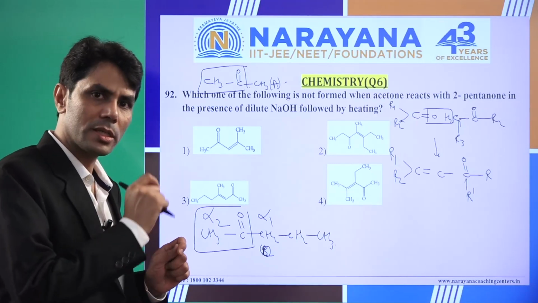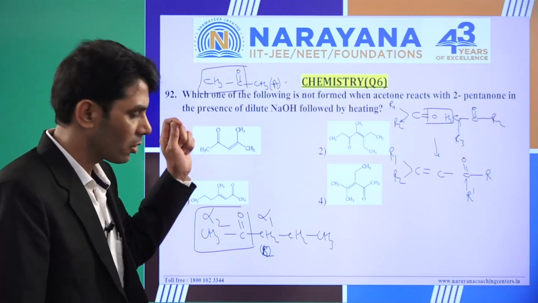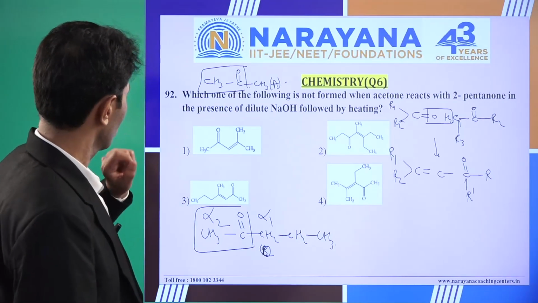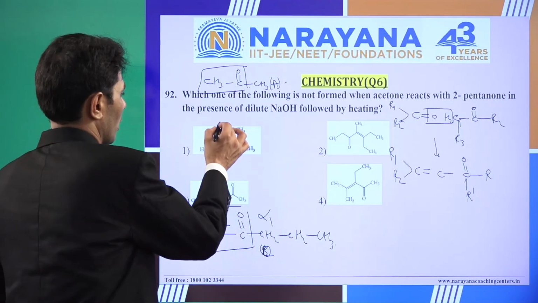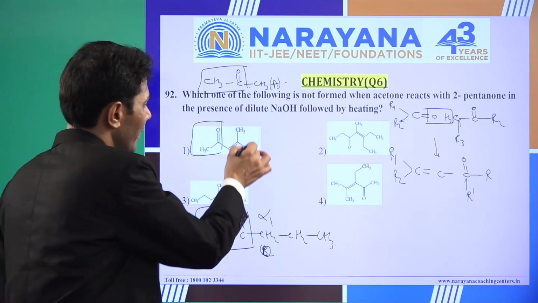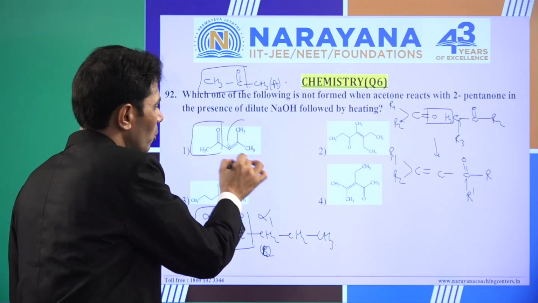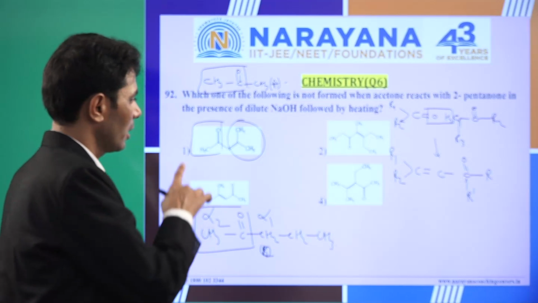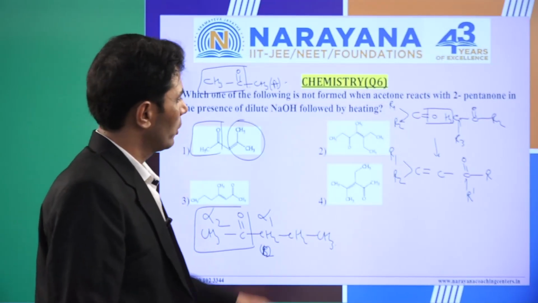This conclusion is 100% sure in either of the case. So, if we observe this thing in the first option, yes, we have methyl. It can be formed. On the second carbon, we have pi bond also. Means both the conclusions are satisfied here. Means it can form.